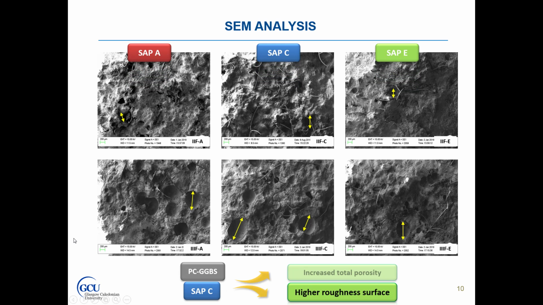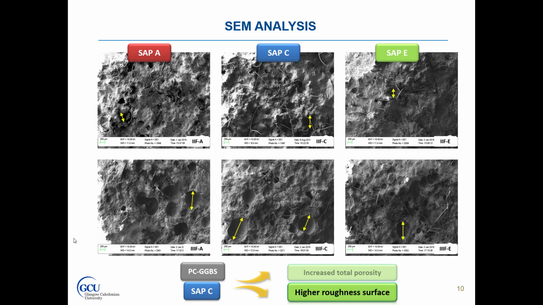The SEM analysis as well shows some examples here. As you can see, formation of large voids by SAP can also have an impact on the surface roughness.